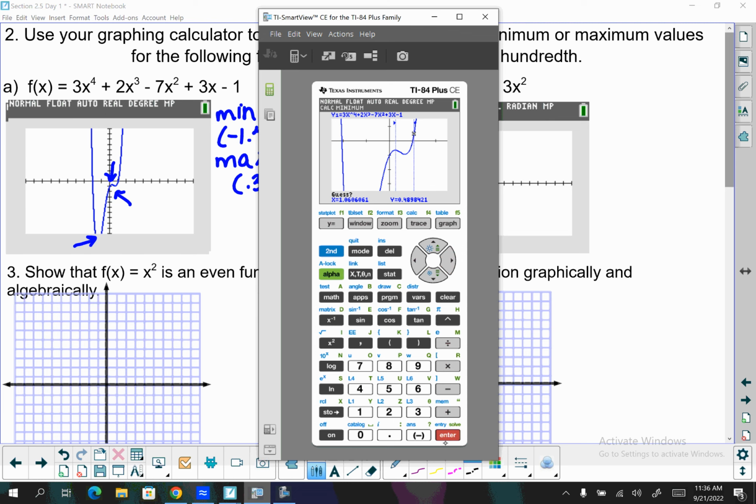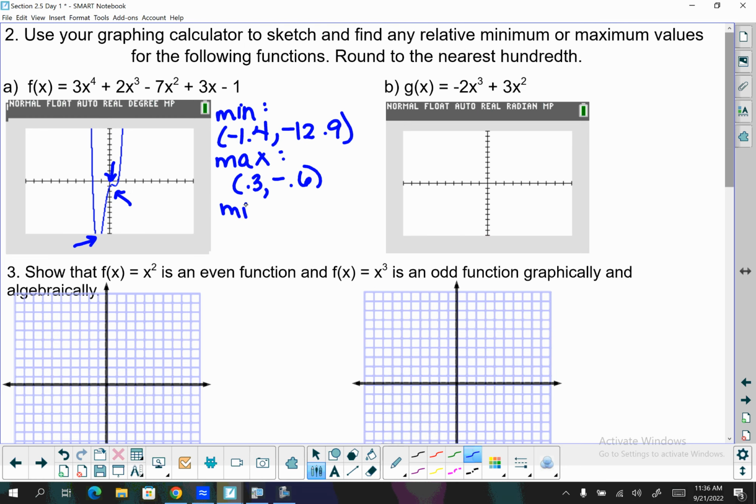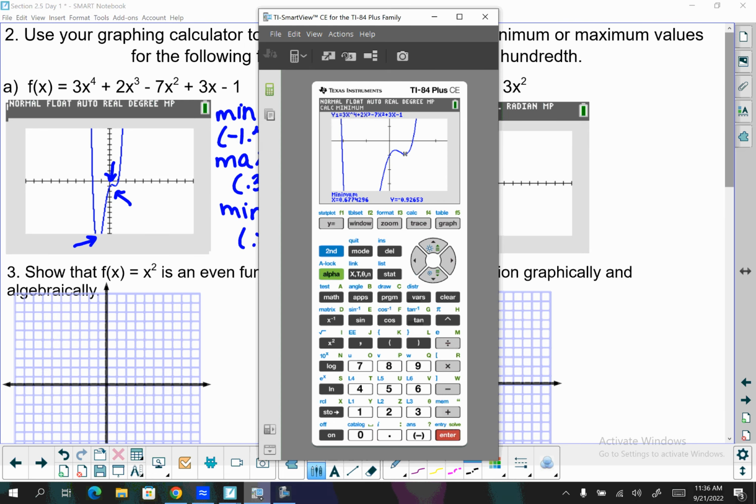Hit enter. Hit enter again. Tells you the minimum's about, if I round to 1 decimal place, 0.7 and then negative 0.9. Okay. Questions finding mins and maxes in the calculator?